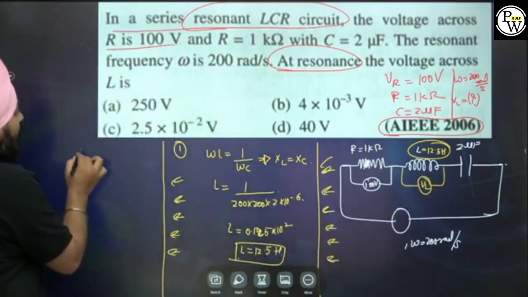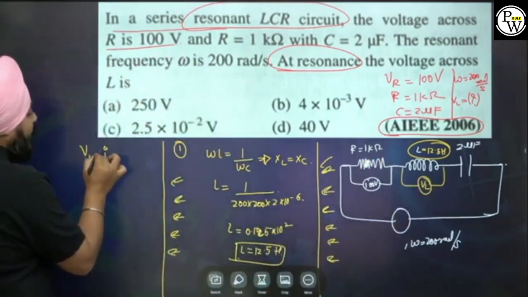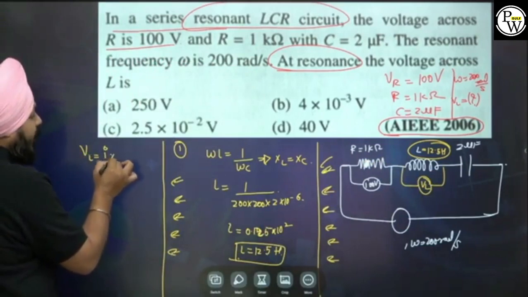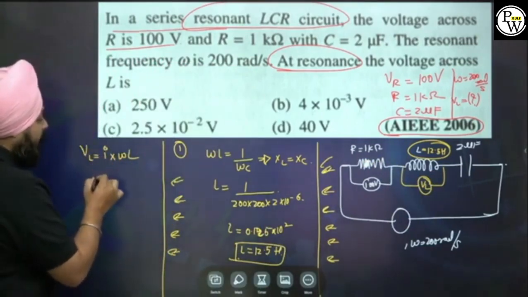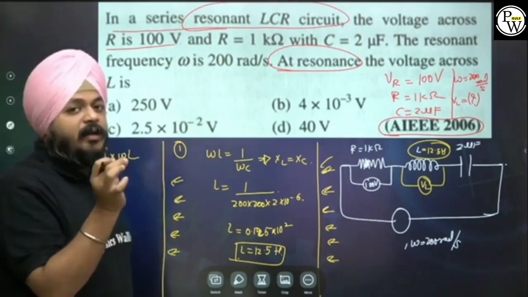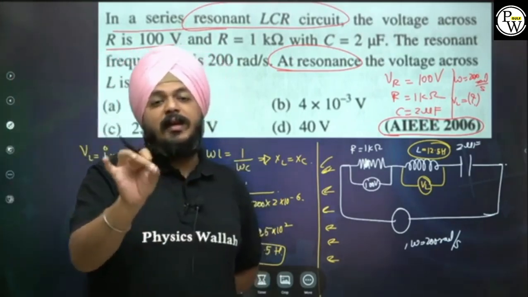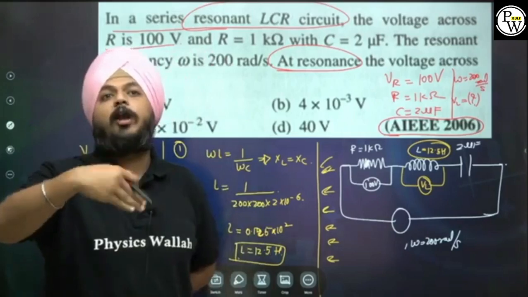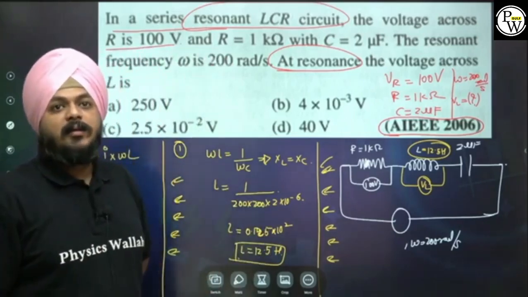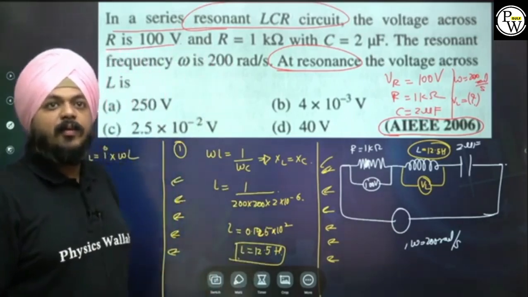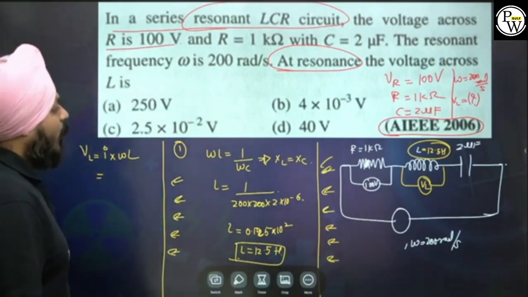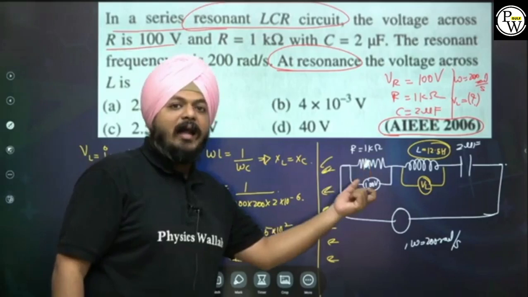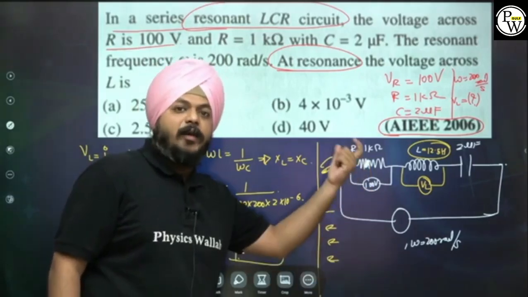The voltage across the inductance is the current flowing in the circuit into omega L. Now the circuit is in resonance condition, so it is a purely resistive circuit.